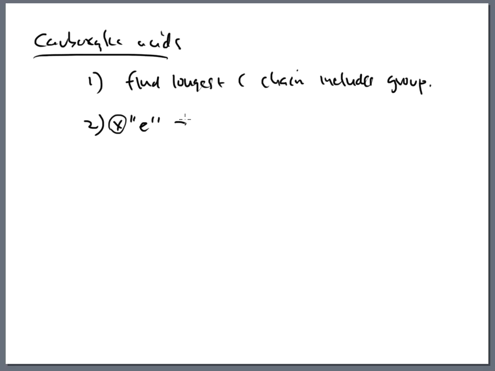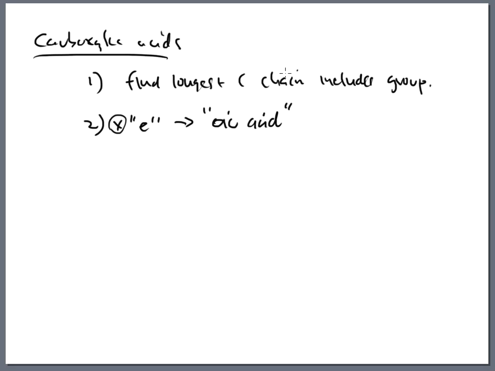And then we are going to replace that E with oic acid as the name. Bear with me. We'll do a few examples, and you'll see where this is going. And that's it. As far as the parent name is concerned, that is it.